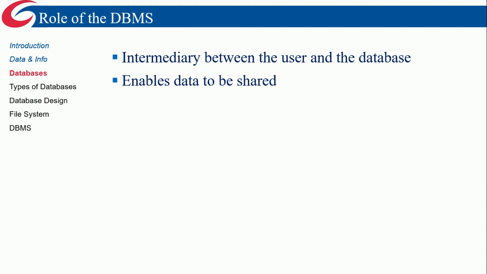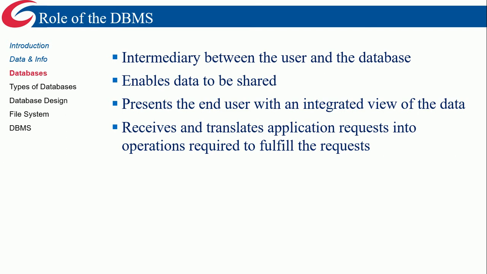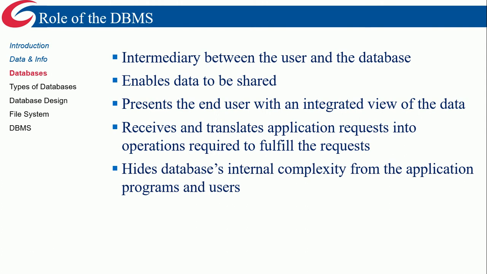It enables data to be shared. It presents the end user with an integrated view of the data, sometimes enterprise-wide. We'll talk about those things later on in the course. It can receive and translate application requests into operations required to fulfill those requests. It also hides the database internal complexity from application programs and users.